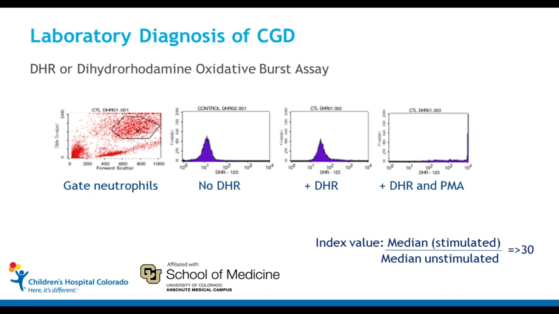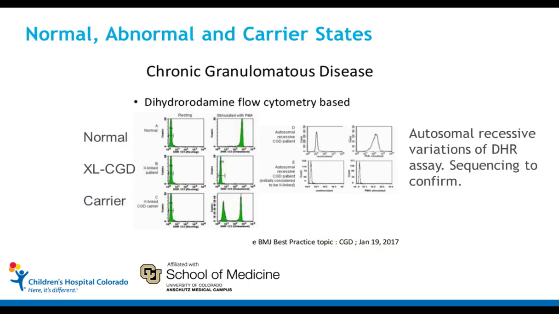So we calculate an index value that is based on the fluorescence of the stimulated cells divided by the fluorescence of the unstimulated cells, and each lab establishes their own index value. In our lab, it is greater than 30, so an index value of greater than 30 indicates a normal oxidative burst. If it's less than that, then this is indicative of a defect in oxidative burst and needs to be investigated further.